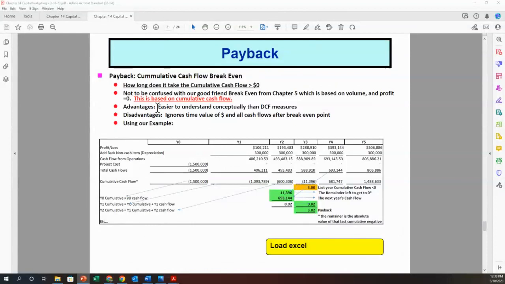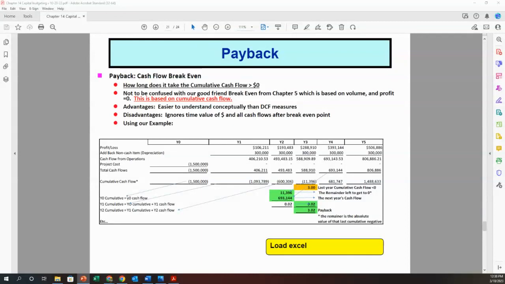The advantage: it's easier to understand conceptually than discounted cash flow. I mean, it's a pretty easy measure. How long does it take for me cumulatively to break even? Yeah, that's a pretty easy concept to understand. The disadvantages: it doesn't take into account the time value of money, right?